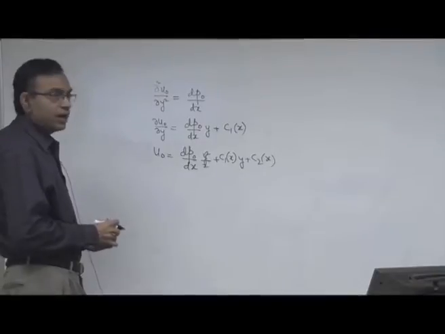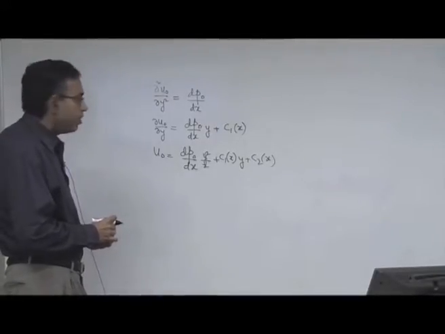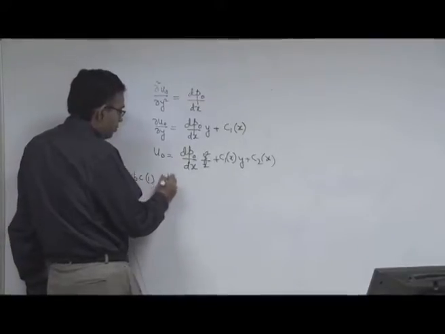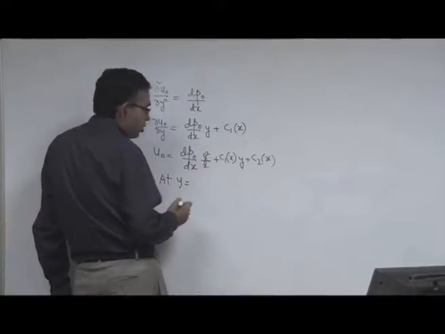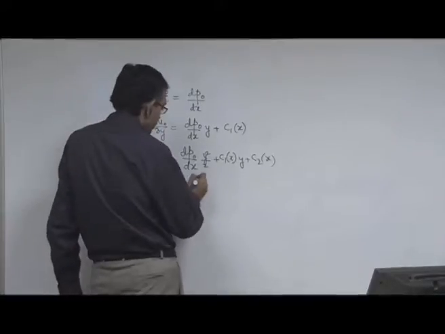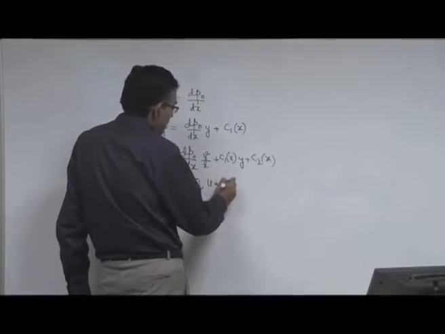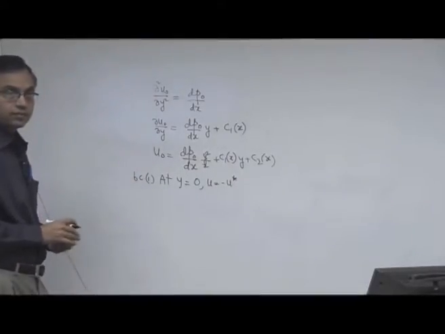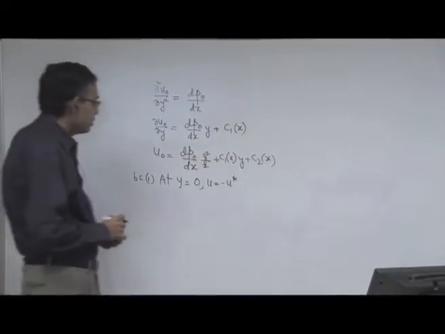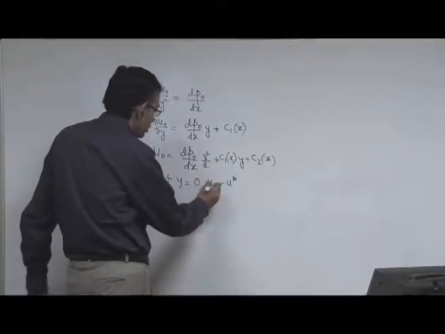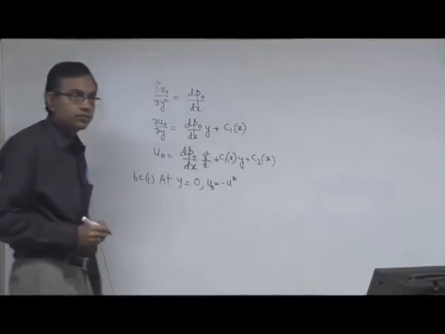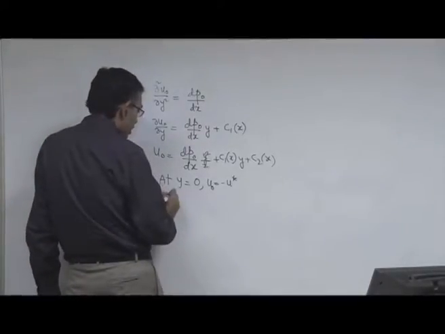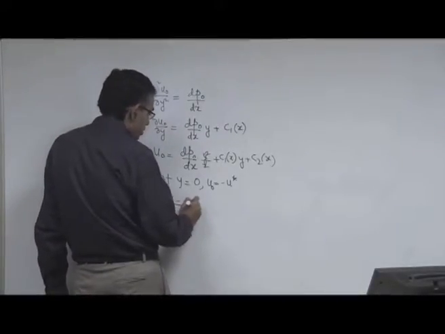How will you get C1 and C2? You apply the boundary conditions. At y equal to 0, u0 is equal to minus u star, right. So, minus u star is equal to C2.